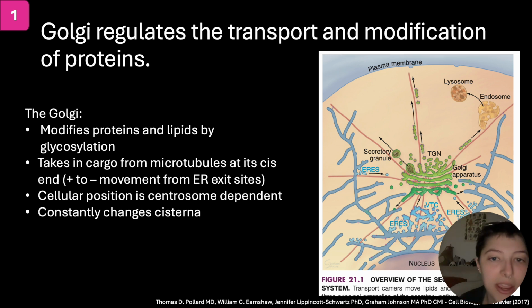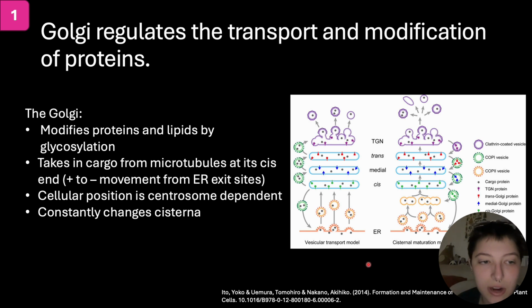I think on the next page I have a better diagram of the actual Golgi. So you get stuff from the ER, and I try to visualize it like a lava lamp or something similar. Once it gets there, this is the start of the microtubule, and you get protein going into the first stack, or cisterna, of the Golgi.